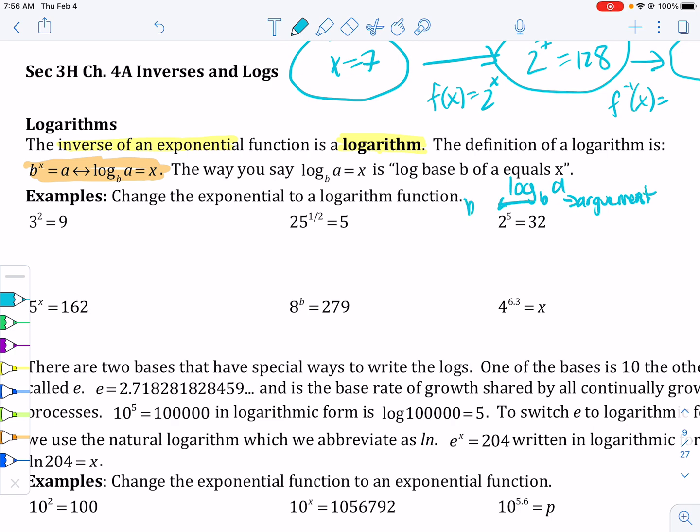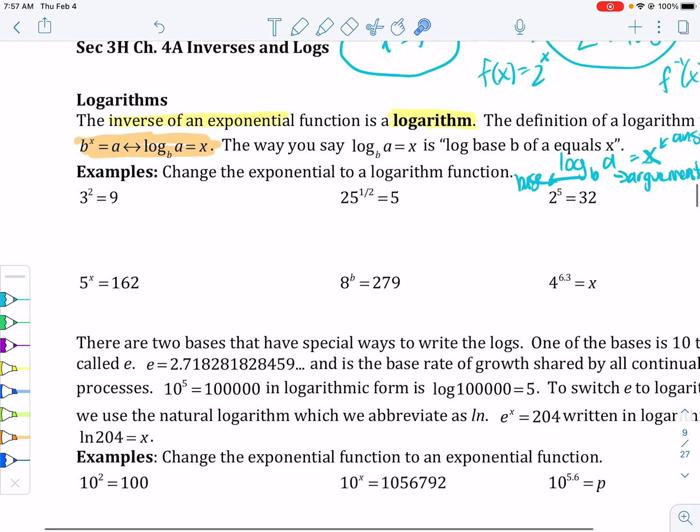This thing is the base. And equals x, that's our answer. So when we switch it, we have the base, and then the answer is the exponent, and then the argument, the a value, is the answer to the exponential.